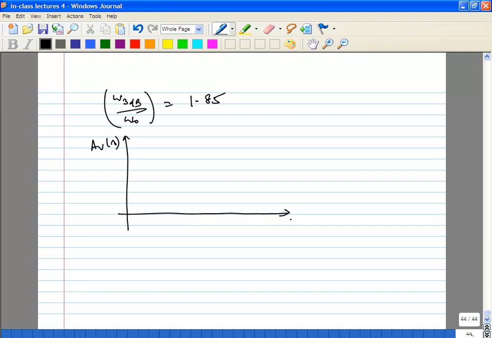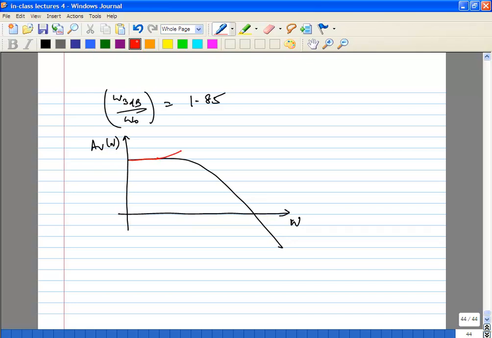AV of omega as a function of omega. What does your initial gain look like? It looks like this. Now if you plot the new one, it starts off here at the same DC gain, we know that.